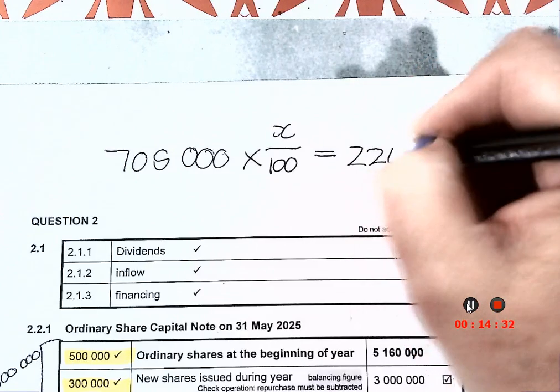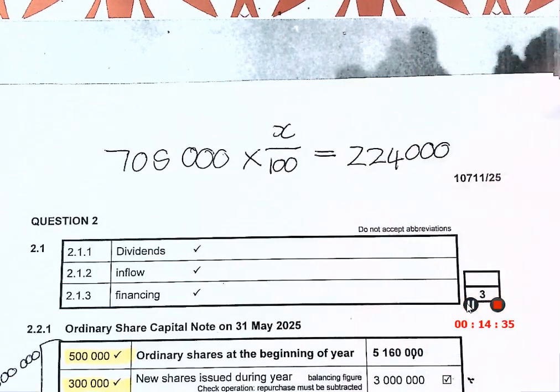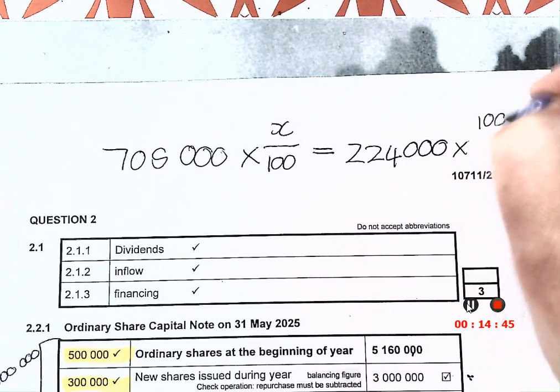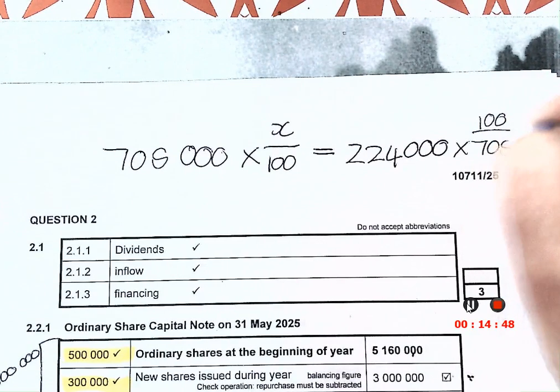So now I need to solve X. How will I solve X? I'm basically going to say 224 times 100 divided 705, and that's going to give me my X is what?